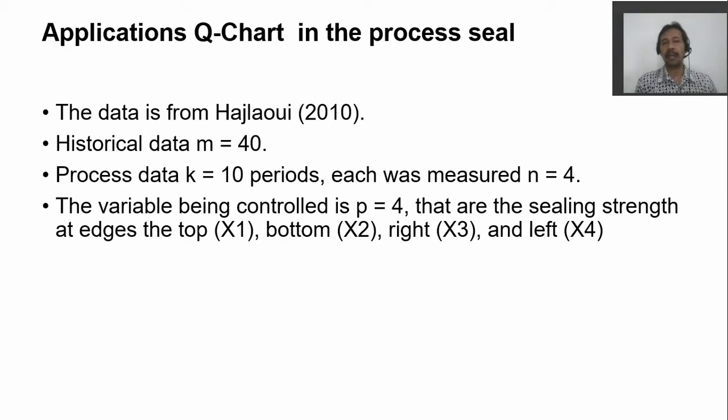This is the application of the Q chart in the seal production process. The data is from Hazlui 2010. In this sample, the historical data has size M equal to 40, and the process data has K equal to 10 periods, each measured with N equal to 4 times.